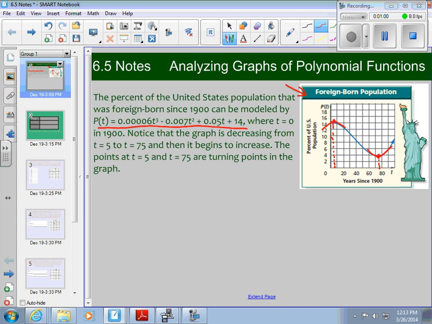We're going to be looking at those types of points today because usually they tell us information about the graph. In this case, they would tell us that the amount of immigrants coming in was decreasing from 1905 to 1975, and then after 1975 it starts increasing again.